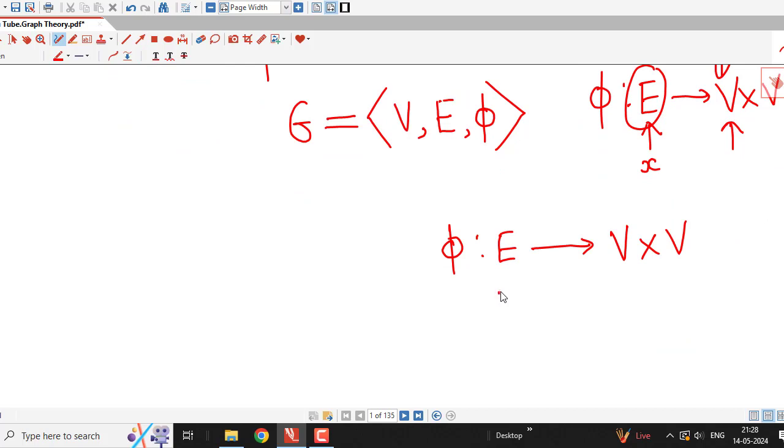To each edge in the set of edges, there must be a pair of vertices.